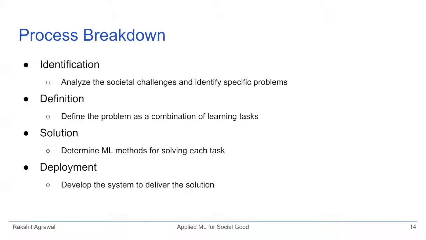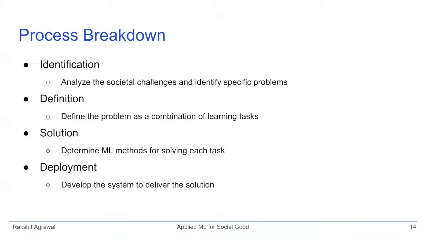So identification means you're analyzing the challenge, say misinformation, right? That's a big problem. You're analyzing the larger problem and looking at specific problems that you can find within it. A challenge is a much broader space, and the United Nations has defined several challenges, and there are goals associated with those. Once you look at those challenges, you can figure out, okay, this is a particular problem that might be solvable, or maybe I can add some contribution to that problem.